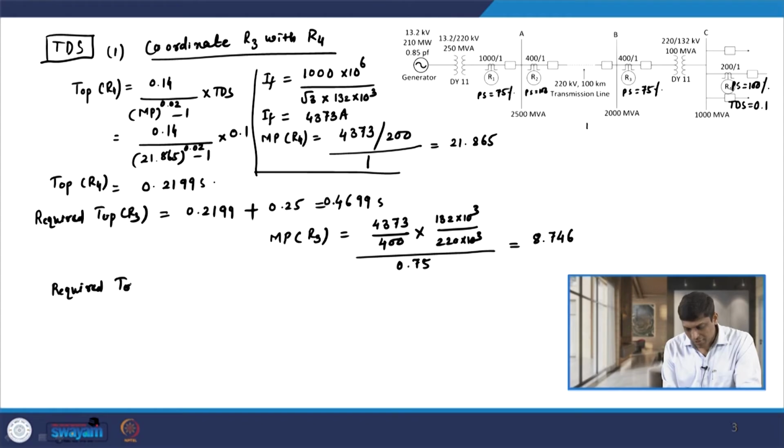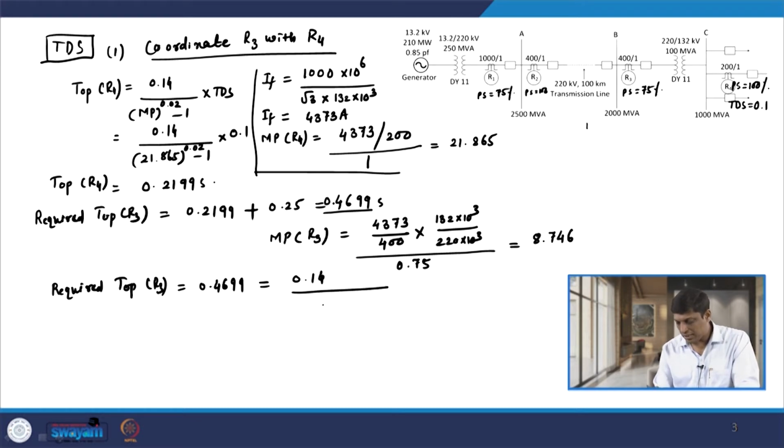If I use this, the required time of operation of relay R3, which we have already calculated, is 0.4699 second, which is equal to 0.14 divided by MP raised to 0.02 minus 1, into TDS. MP is 8.746, and we need to calculate the TDS of R3.